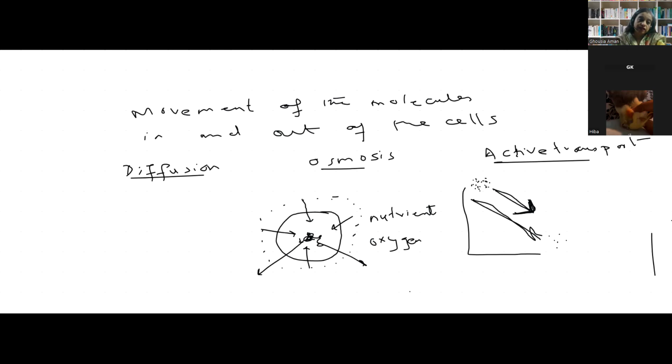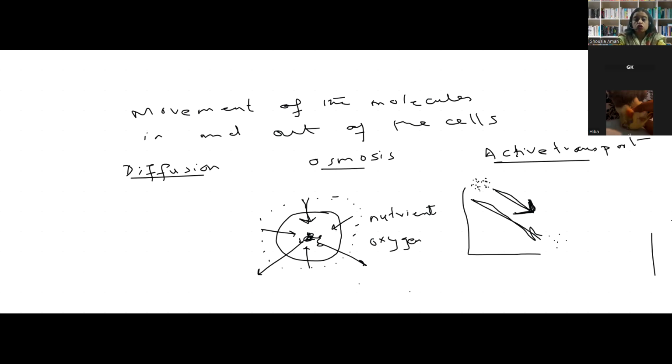Diffusion takes place in both living and non-living things. In case of non-living things, it is simply the spreading of particles, such as the spreading of a fragrance or of a liquid. But in case of living things, it takes place across the semi-permeable cell membrane. So what does it mean? Diffusion is a process in which particles can move in case of the living thing without a cell membrane, and in case of the living thing with a cell membrane.